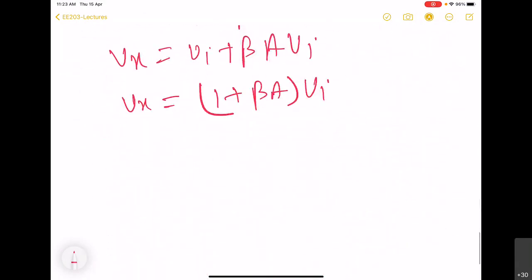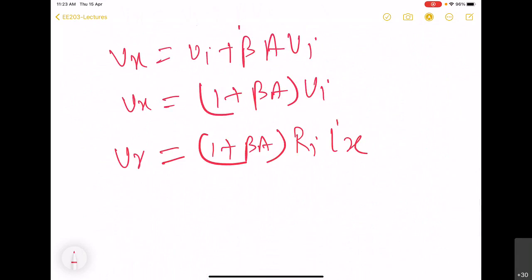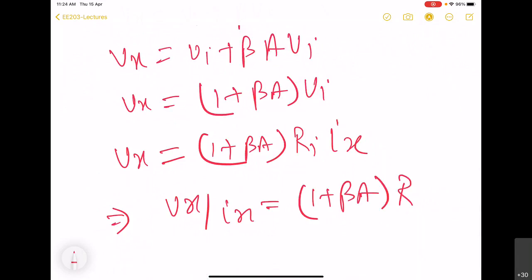So Vi is simply Ri into Ix. So this says that Vx divided by Ix is equal to 1 plus beta A into Ri.